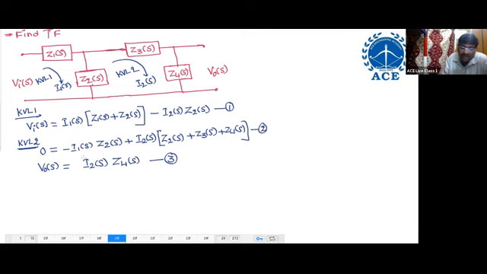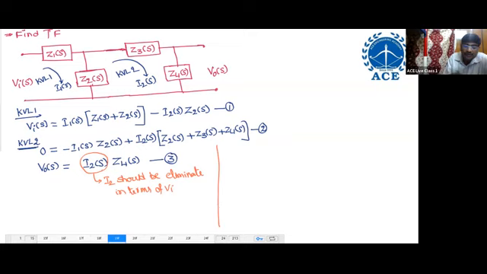V0 is linked with I2. That means I2 should be eliminated in terms of Vi. For this, what do you do?